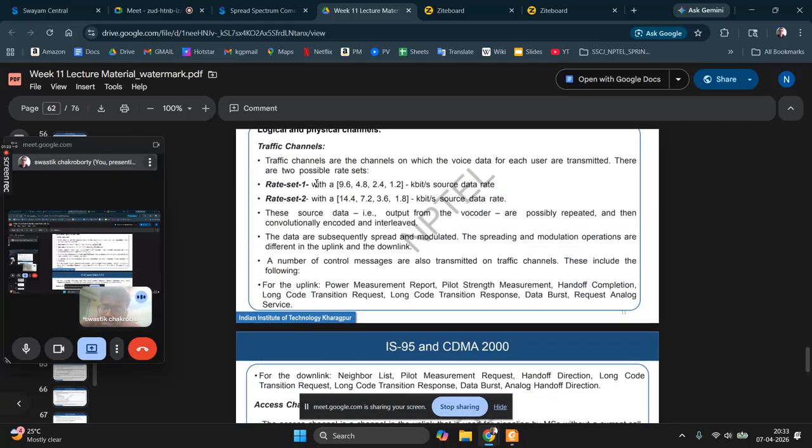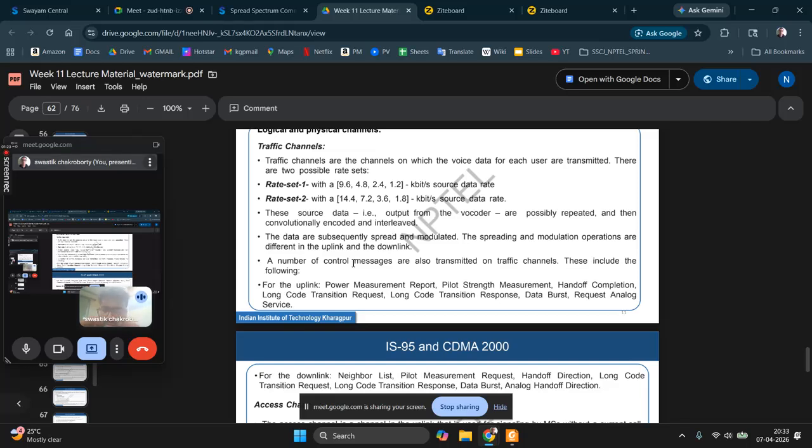The traffic channels carry the voice data. They have rate set 1 and rate set 2, so they have different rates. The source data, which is output from the vocoder, is possibly repeated and then convolutionally encoded and interleaved. The data are subsequently spread and modulated.